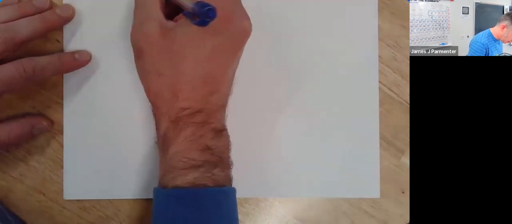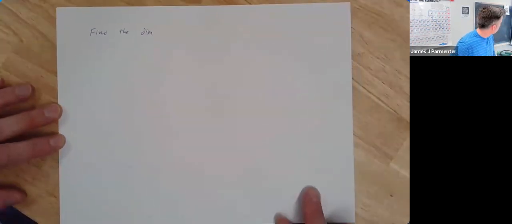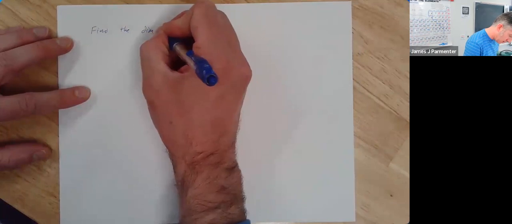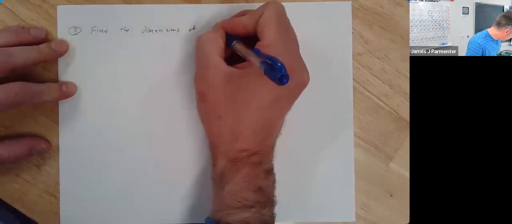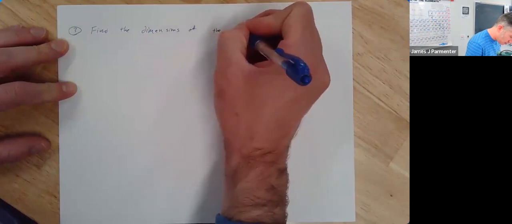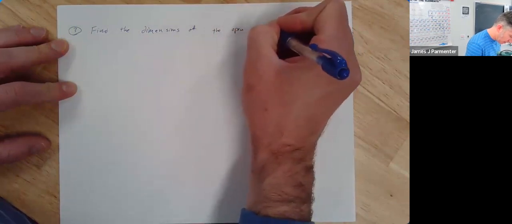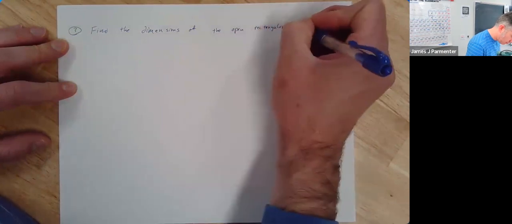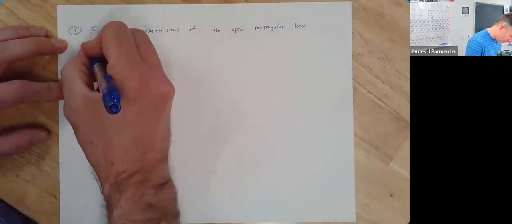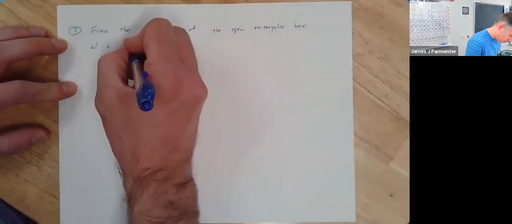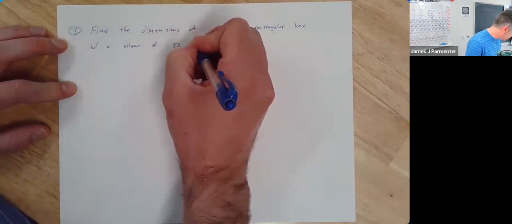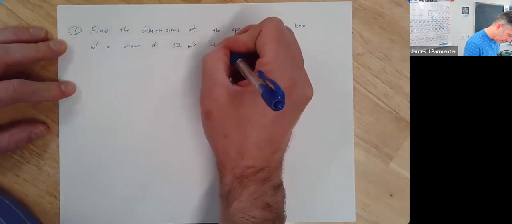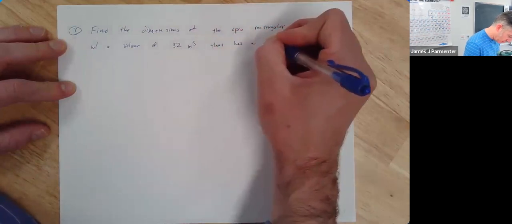the dimensions. Yep, I was about to say I'm probably off screen here. Find the dimensions of the open rectangular box, meaning it doesn't have a top, with a volume of 32 cubic meters that has a minimum surface area.